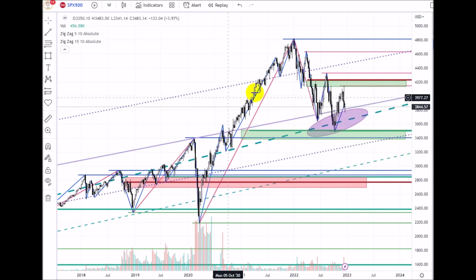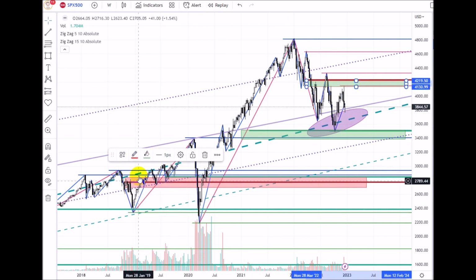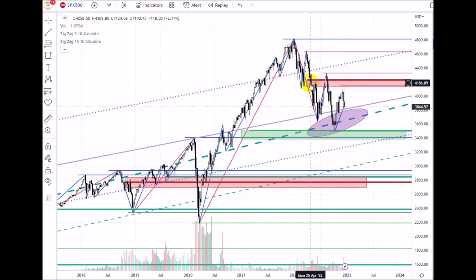And this would be what I would consider the key element to determine whether or not we are going to continue to move higher. We have this massive resistance level down here and this massive support channel right here. And this is where I see the markets potentially flagging out and attempting to move and break outside of this range.